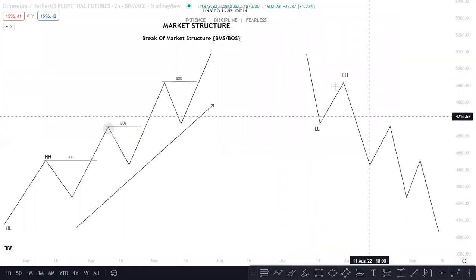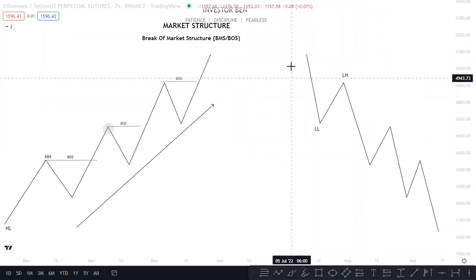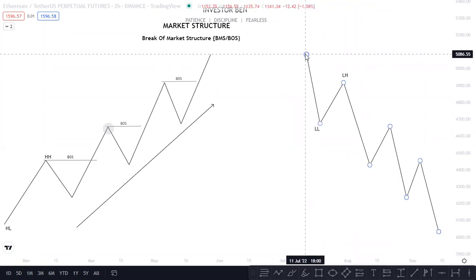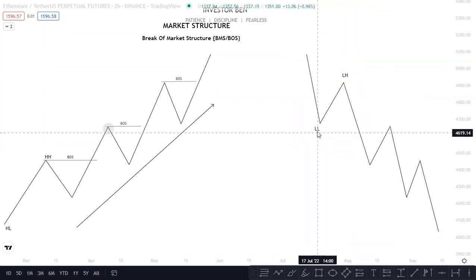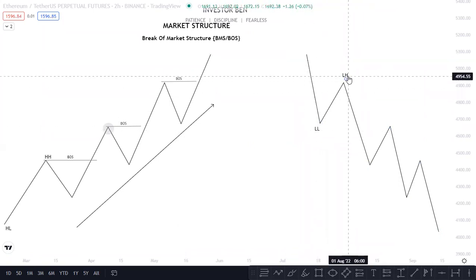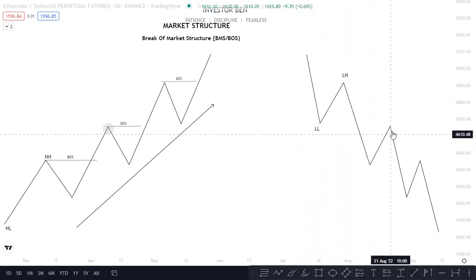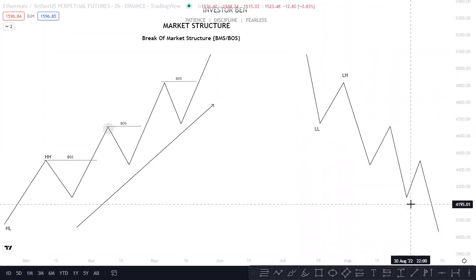Okay, so for this structure here now, right? This is a downtrend structure, and we have our high here. This is your high. This is your lower low, right? Your lower high, your lower low, your lower high, your lower low.